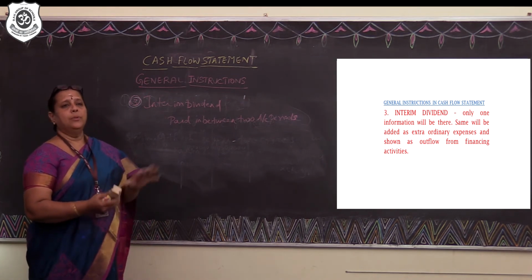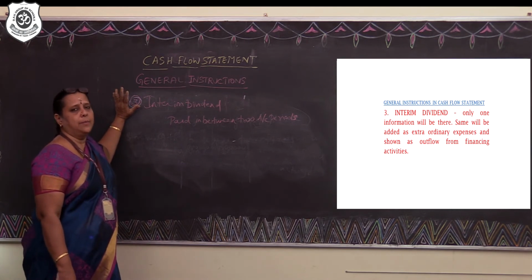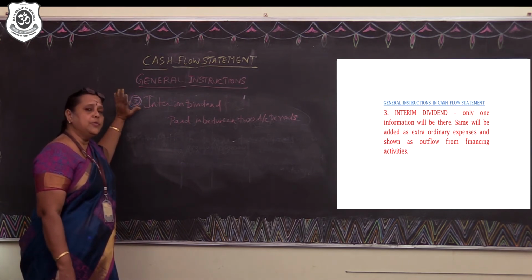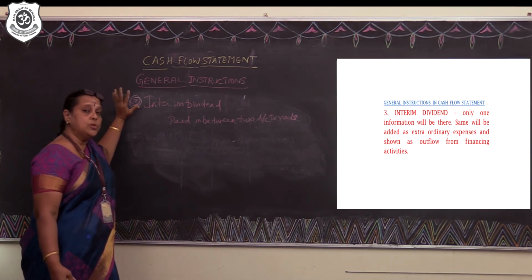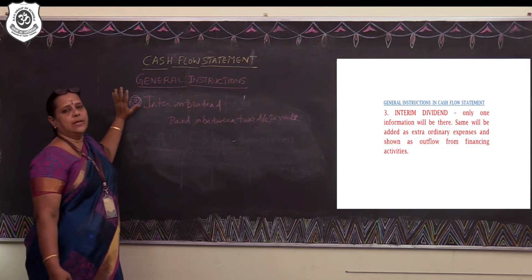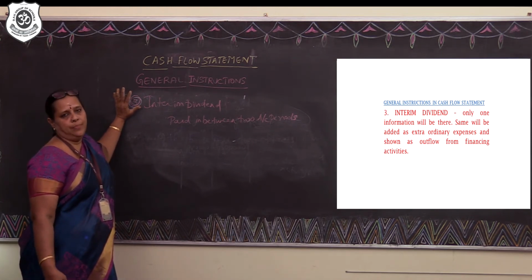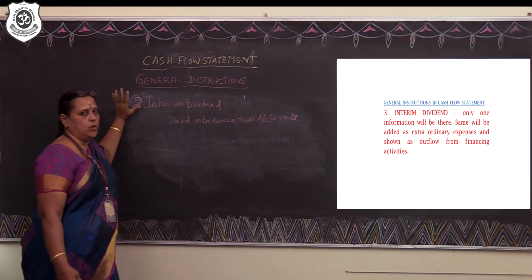Why? Because the payment of interim dividend depends upon the surplus funds a company has, and the company doesn't foresee any other expense for that surplus amount. Therefore, the company decides to declare interim dividend. And interim dividend is paid in cash. Therefore, there is a cash outflow.